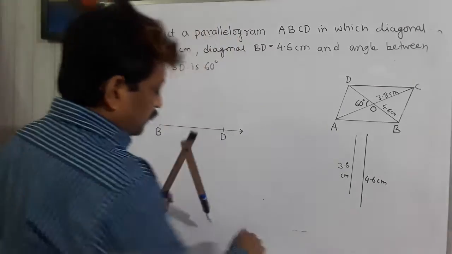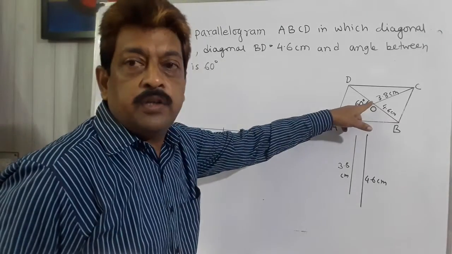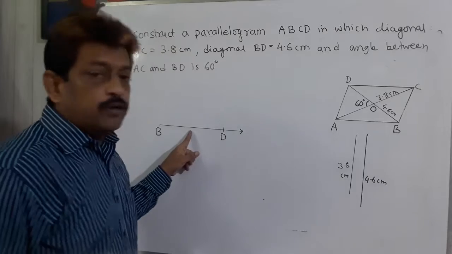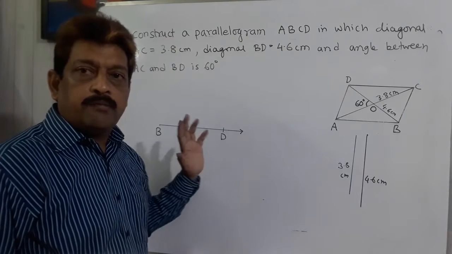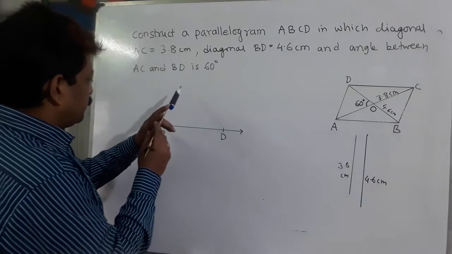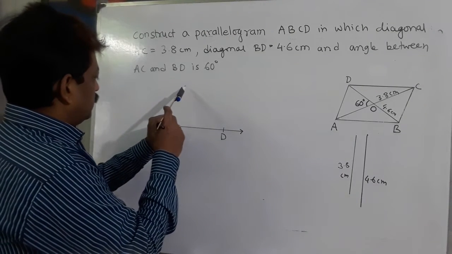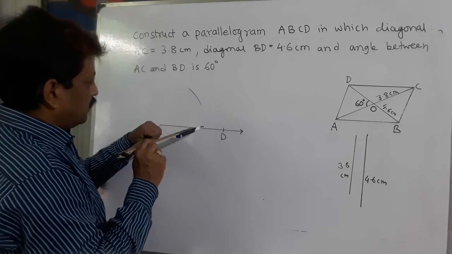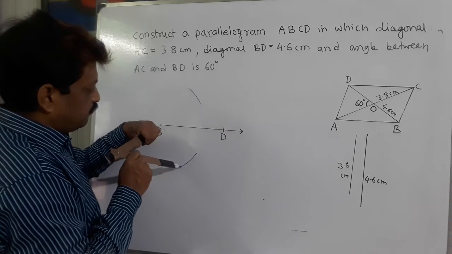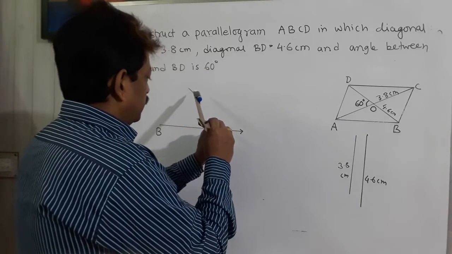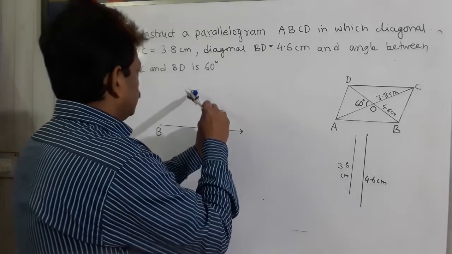Now we all know that O is the midpoint of BD as well as AC. So first of all, I have to find the midpoint by using the perpendicular bisector. So from B, one arc above BD and another arc below BD, and with the same radius from D I have to cut these two arcs.